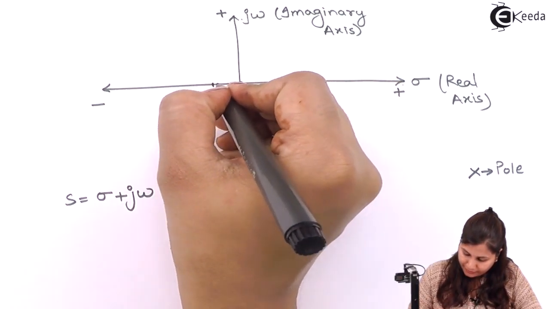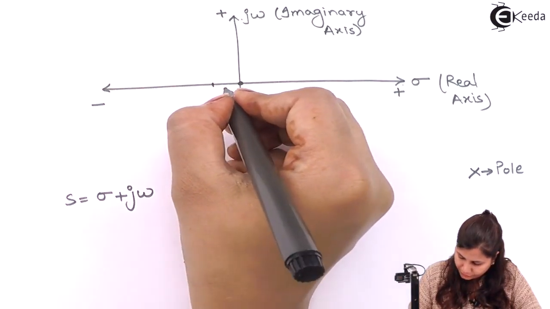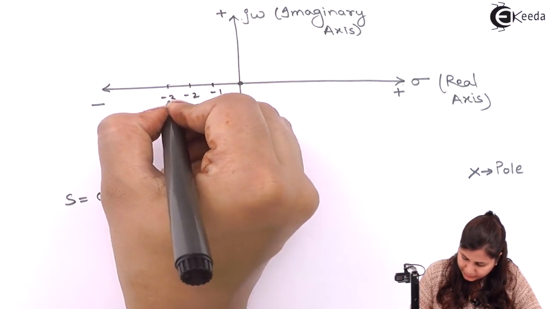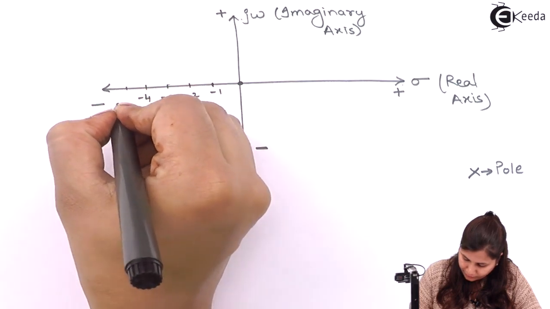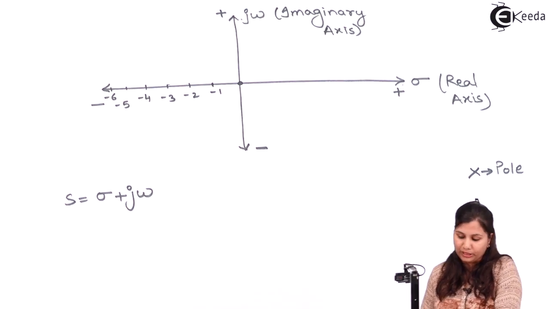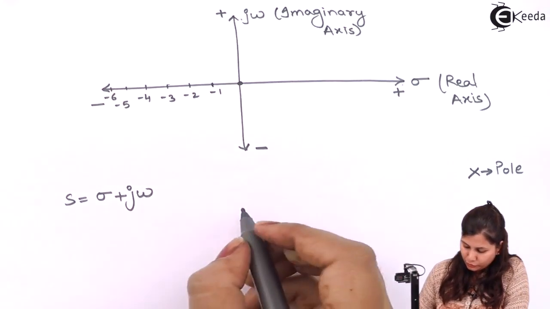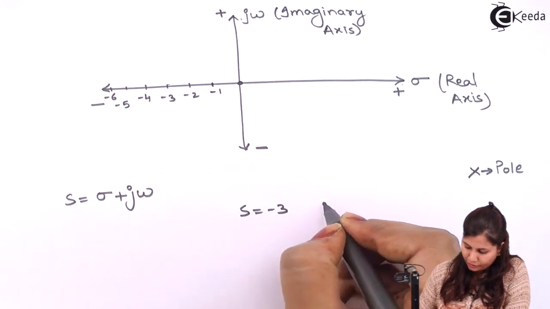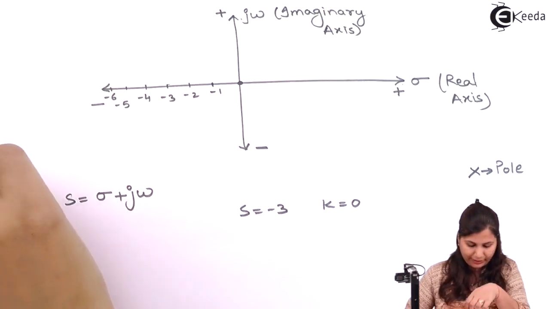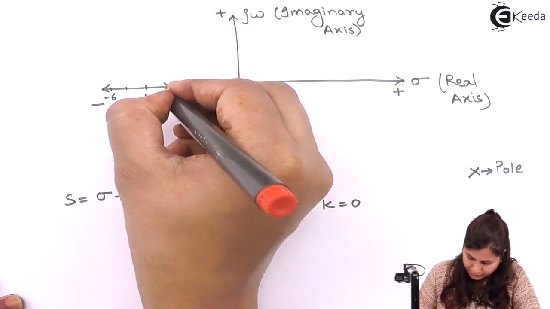Let's mark minus 1, minus 2, minus 3, minus 4, minus 5, and here minus 6. We are taking rough approximations here. So S equals minus 3 for K equals 0, and we plot it with a cross.